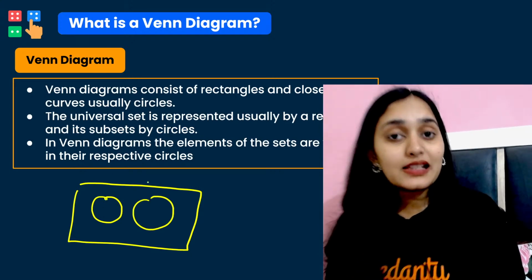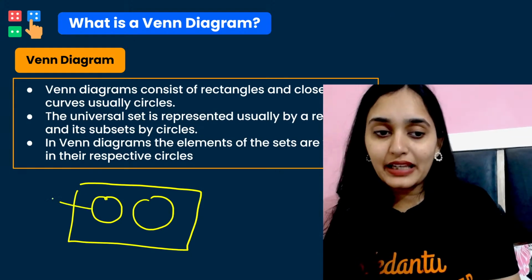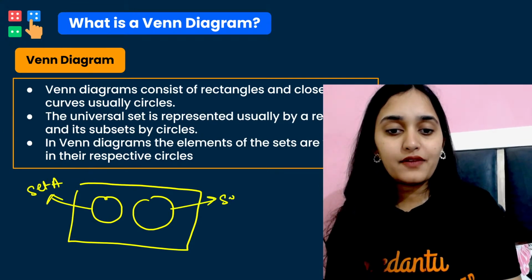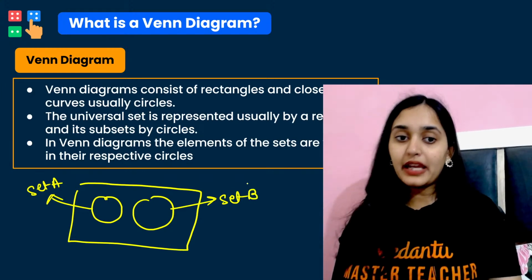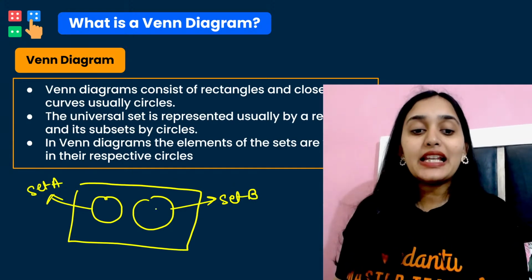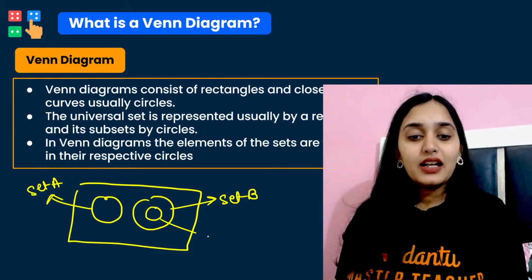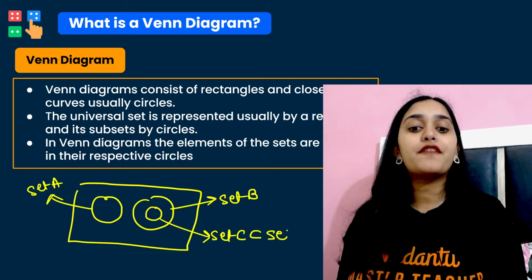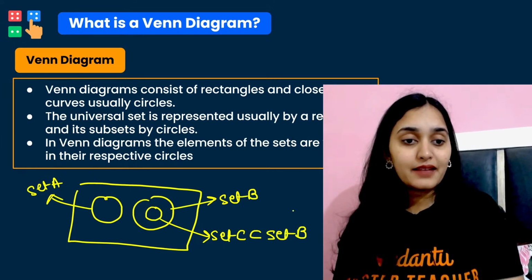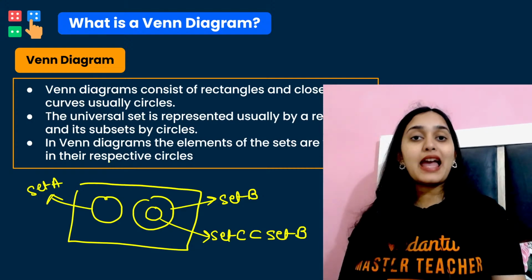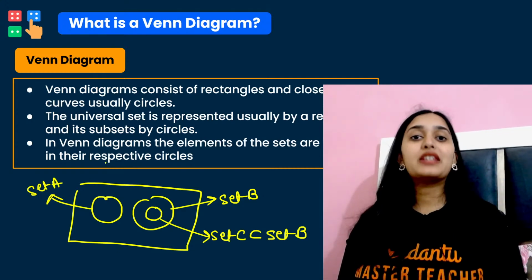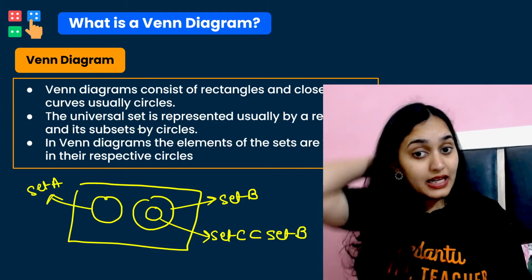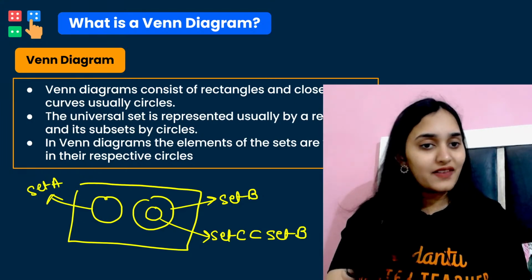These circles represent sets, for example, set A, or, for example, set B. Now, if a circle is inside another circle, this represents, suppose, set C, which is a subset of set B. So the elements of the sets are represented inside the circles. Everybody understood what a Venn diagram is, how we use it and why we use it?